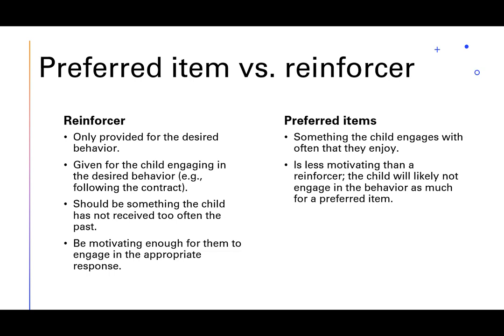And then it should also be motivating enough for them to engage in the appropriate response. Whereas a preferred item is just something that the child or teenager likes to do and enjoys engaging with, but it is less motivating than a reinforcer, and the child will likely not engage in the behavior as much for a preferred item if they have access to it.